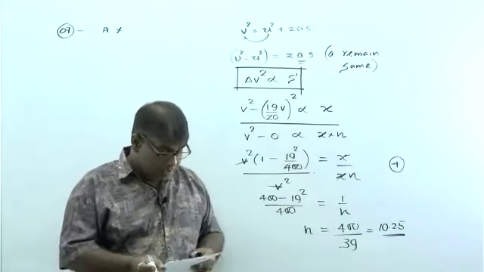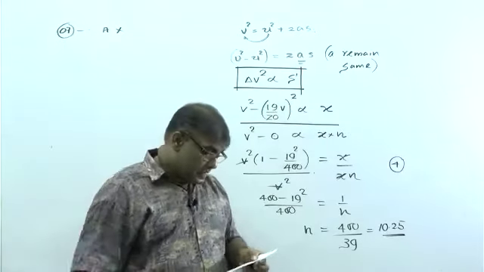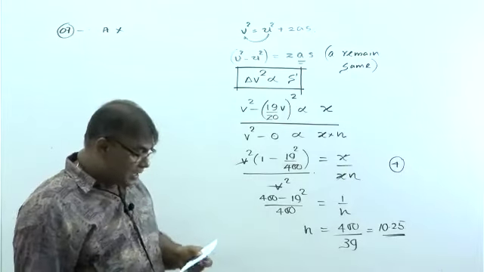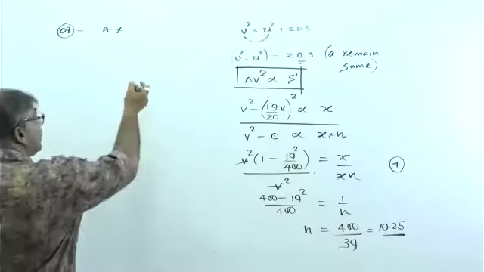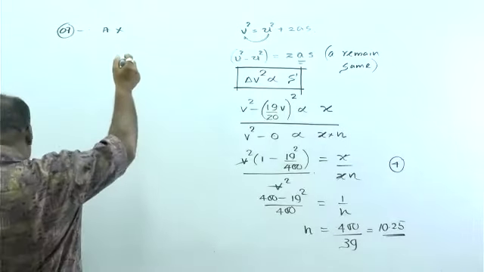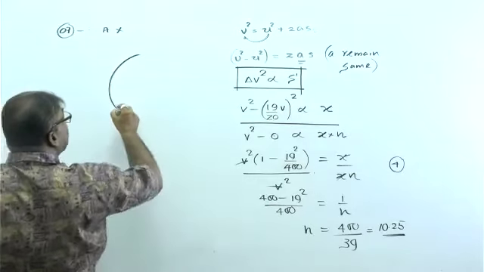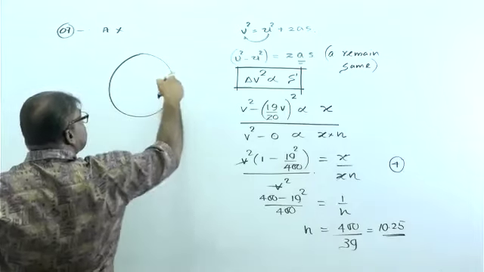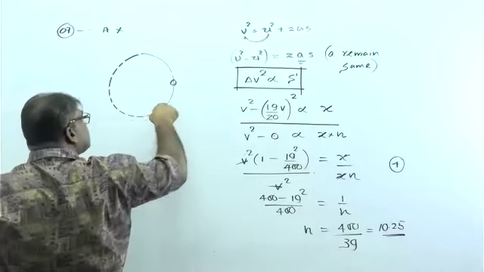B, an object can have constant speed but variable velocity. Can have. Like may have, no? It can be. Let's see. An object can have constant speed like this. Here we have circular motion, right? An object represents the motion on a circular path like this.